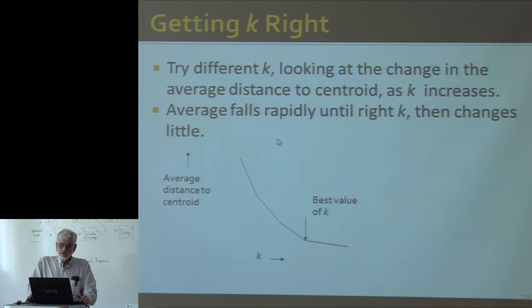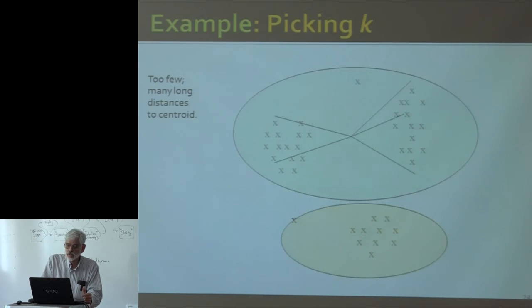Now, if this were just some plain old decreasing function, who would know? But what I claim is there's going to be a bend in the function. That is, it's going to go down steeply until you hit the right K, and then it will still decrease, but not by much. And so I'll just show you in a couple of pictures.